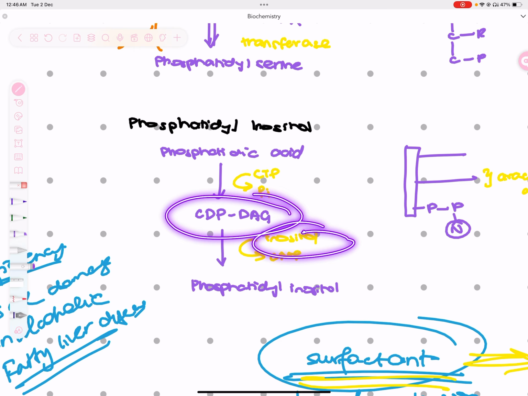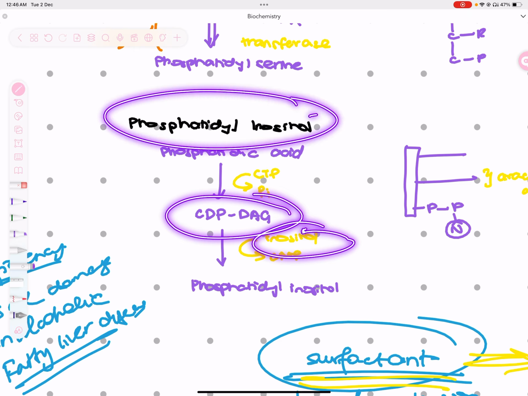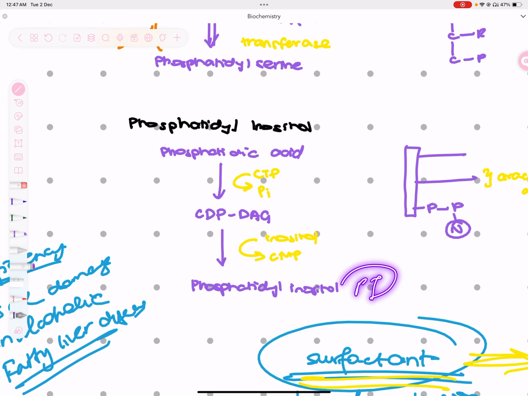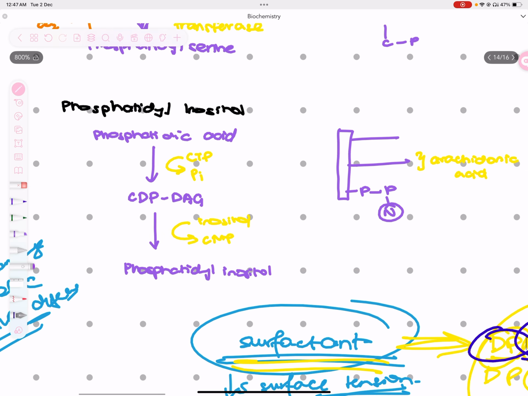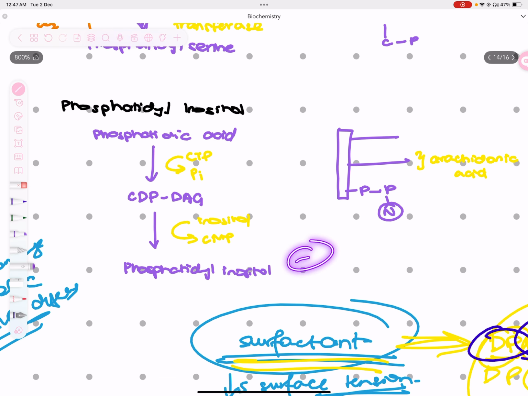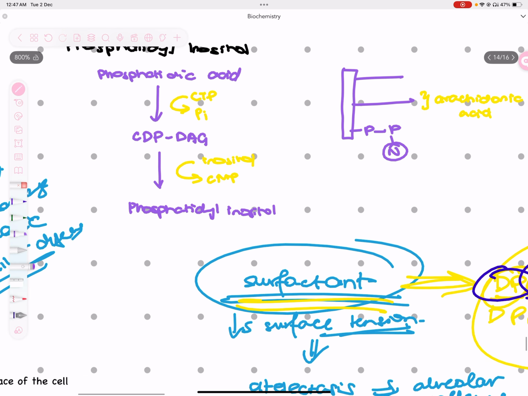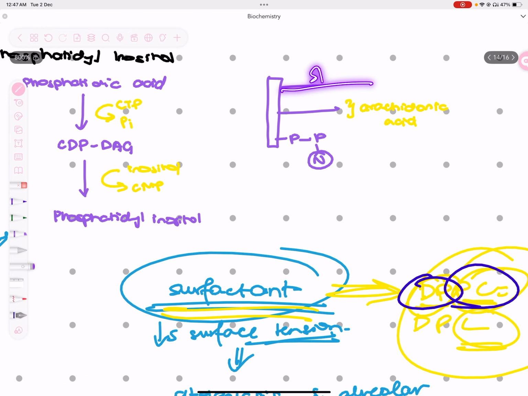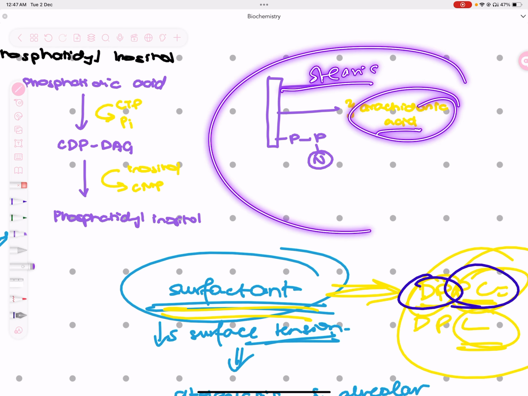Now what exactly happens is that you get phosphatidylinositol, right? Phosphatidylinositol is a very unusual phospholipid. In what sense? First of all, it has a negative charge. And the unusual thing is that on its carbon 1 you have stearic acid, and on its carbon 2 you have arachidonic acid. Now, this serves as a huge reservoir for arachidonic acid.